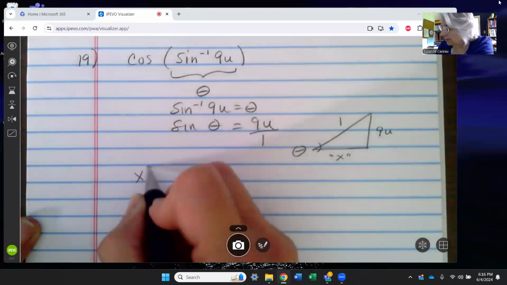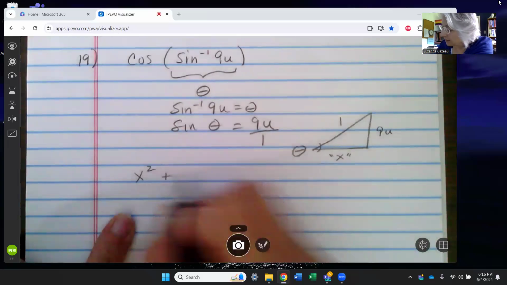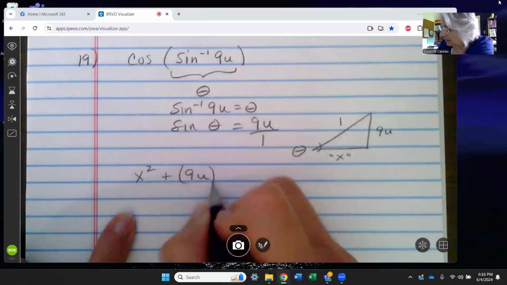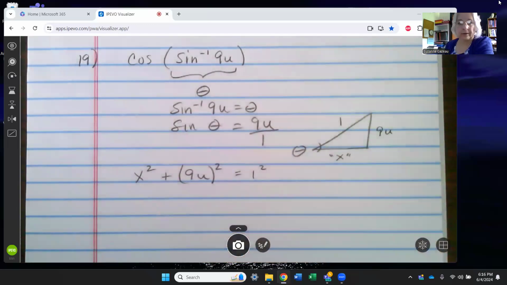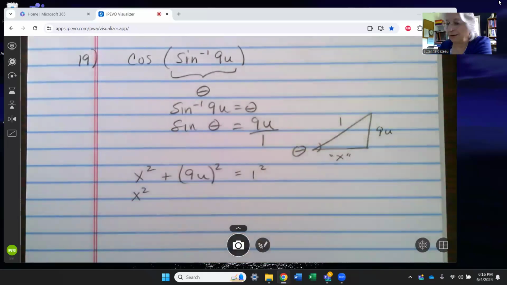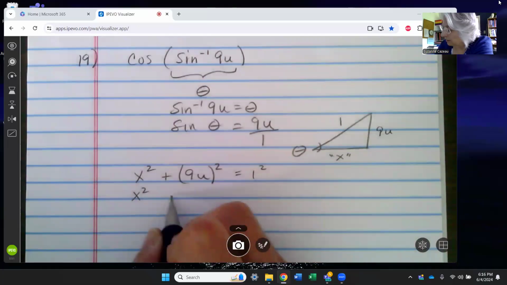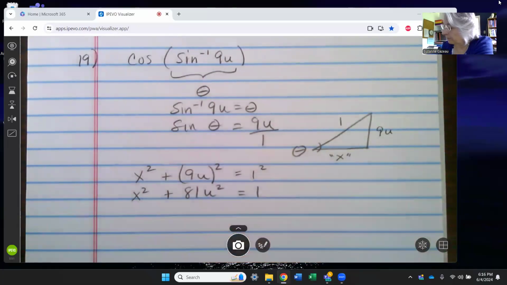I can do x squared plus a 9u quantity squared equals 1 squared. And I'm going to try to solve this thing for the x. And this is going to be 81u squared equals 1.